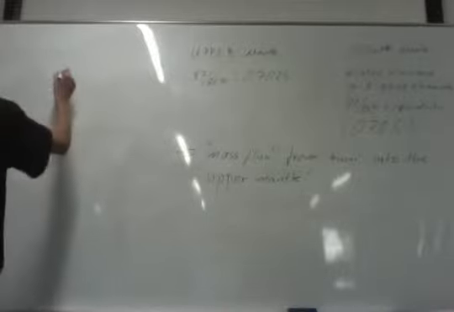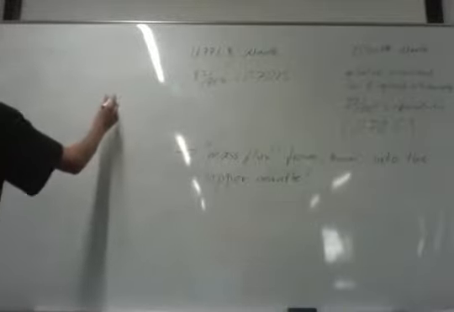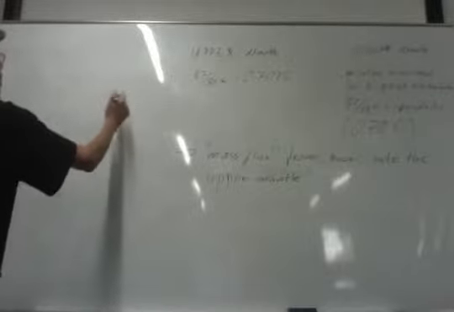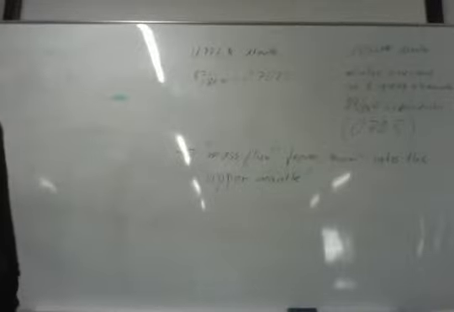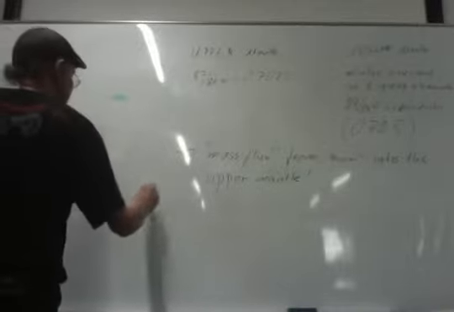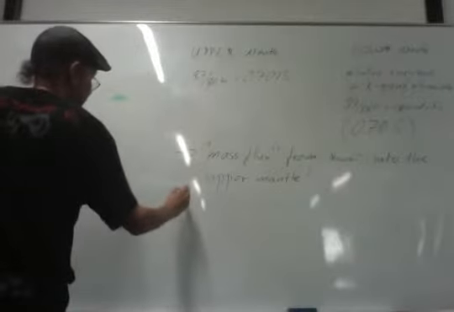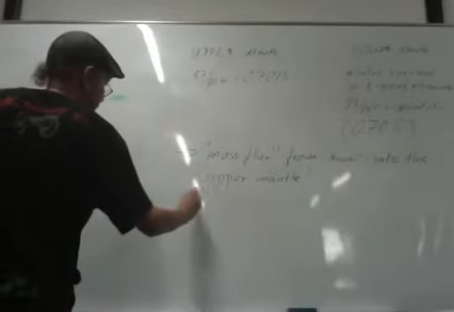Here again, our oceanic crust, OC. Then we have our boundary at 650 or 700 kilometer depth.